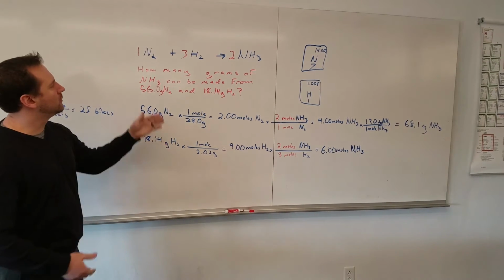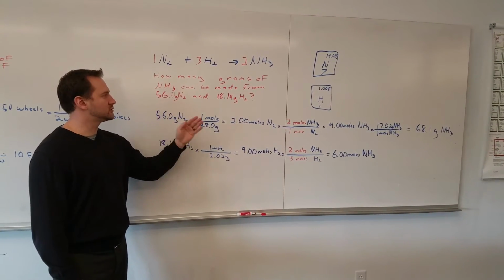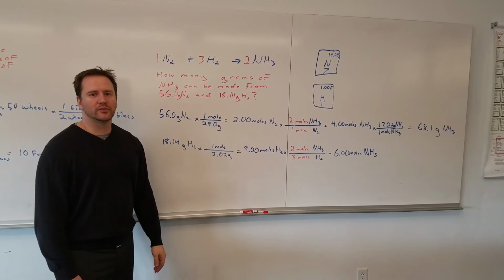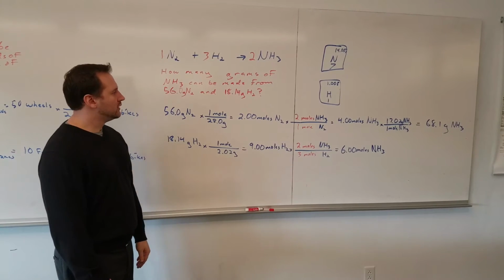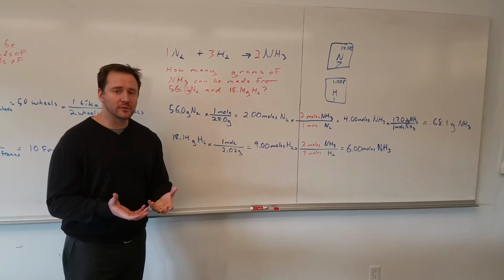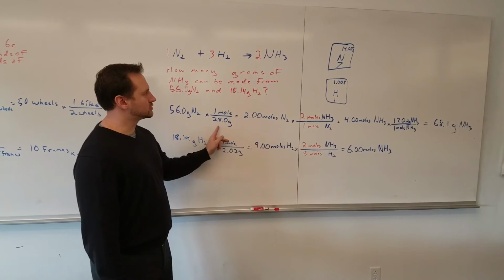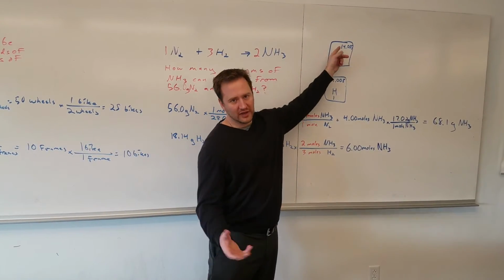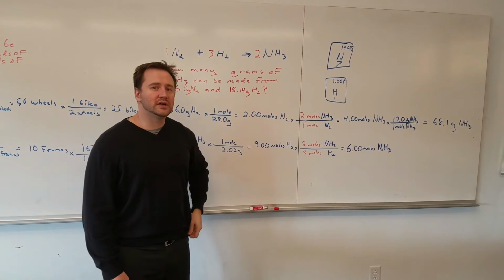So if you were given a problem where it asks you, how many grams of ammonia can be made from 56 grams of nitrogen and 18.14 grams of hydrogen, you should be able to figure out how much ammonia you could make. So going from grams to figure out how many pieces you have, or the relative amount, you have to divide by the molar mass of N2, which is 28. You get that from here. If N is 14 and N2 is 28, that would give you 2 moles of nitrogen.